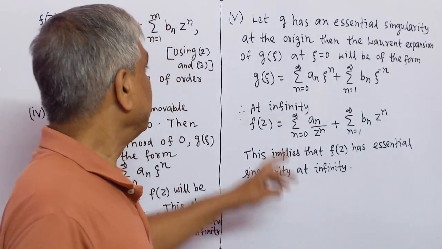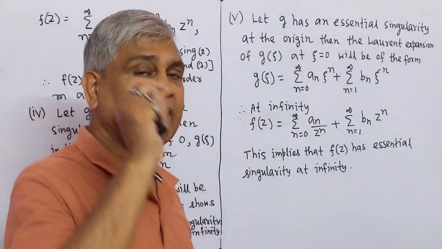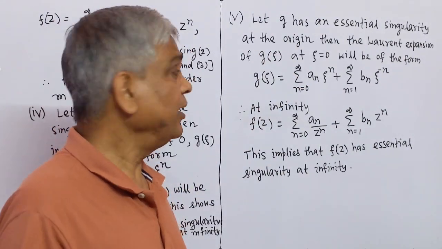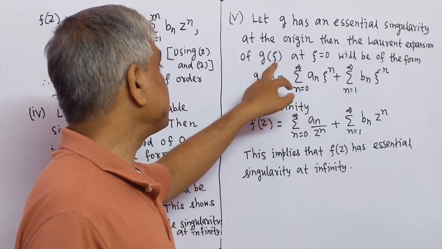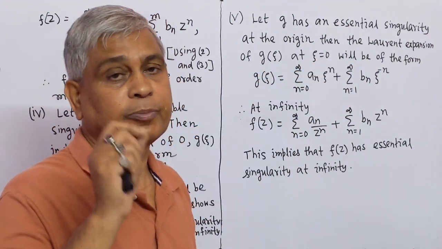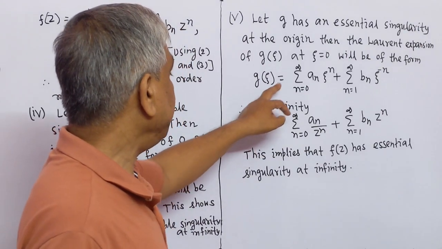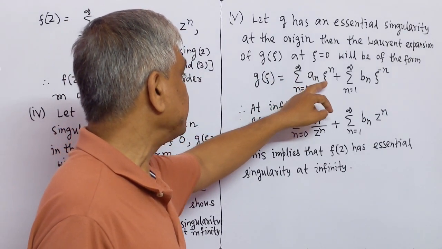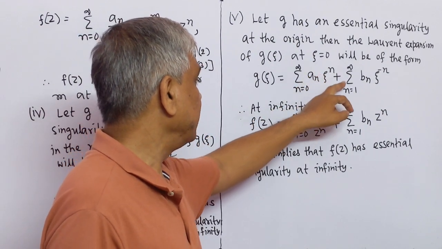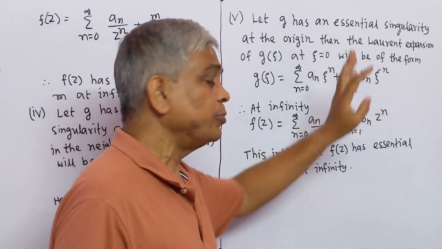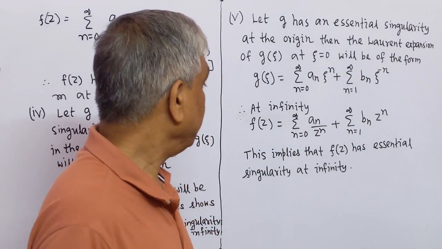Number 5. Let g have an essential singularity at the origin. Then the Laurent expansion of g(ξ) at ξ equal to 0 will be of the form g(ξ) = sigma n equal to 0 to infinity a_n ξ^n plus sigma n equal to 1 to infinity b_n ξ^(-n).